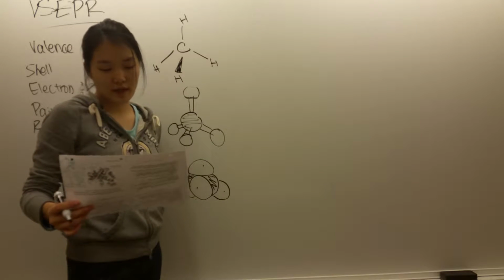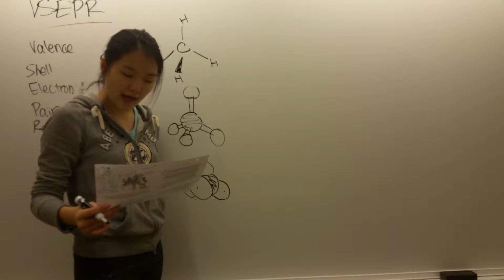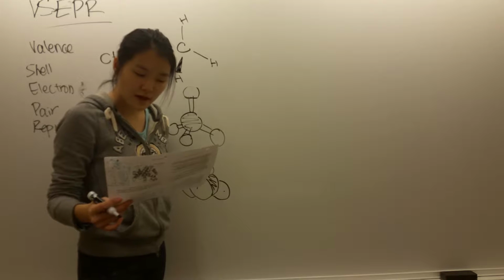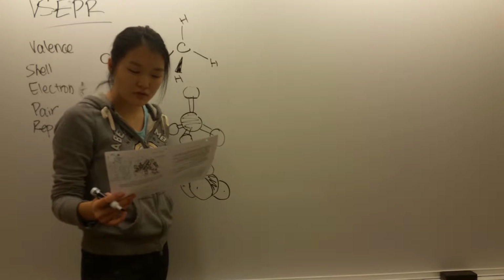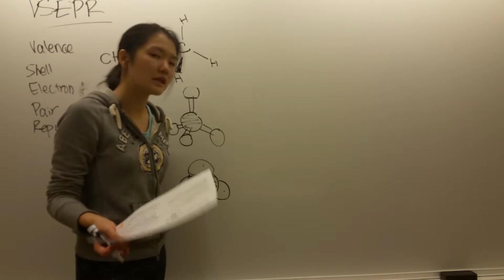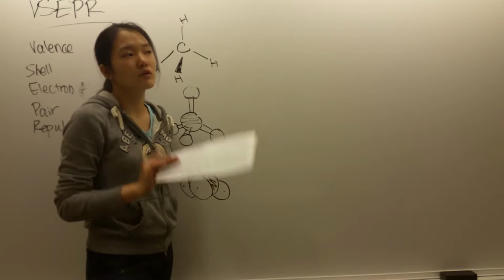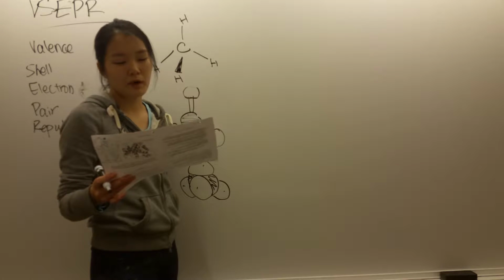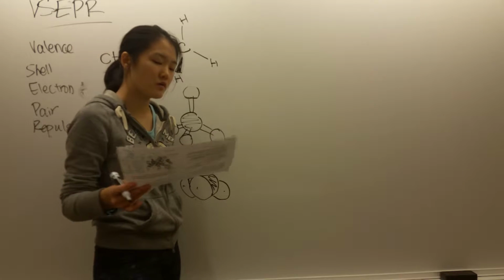VSEPR only applies to one atom at a time, usually the central atom. The basis of VSEPR is that a molecule minimizes the repulsive force between electron pairs, so that it doesn't have as much potential energy and can be low energy and just chill. They will be as far apart on a sphere as possible to maintain the lowest PE.